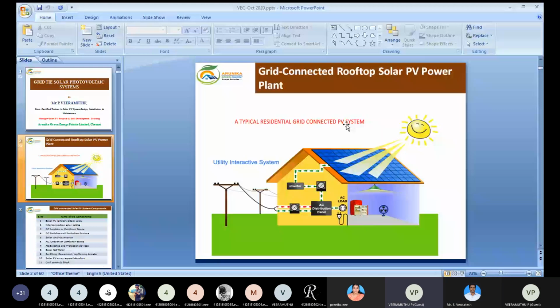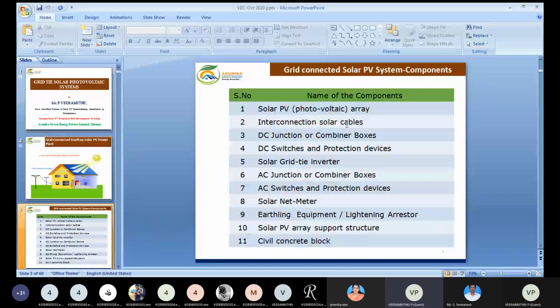So what are the components we are going to use for this solar rooftop system? These are the components: solar photovoltaic array, interconnection cable, DC junction box or combiner box, DC switches and protection switches, solar grid-tie inverter, AC junction box or combiner box, AC switches, protection switches, solar net meter, earthing equipment, lightning arrestor, solar PV array support structure, and civil concrete block.